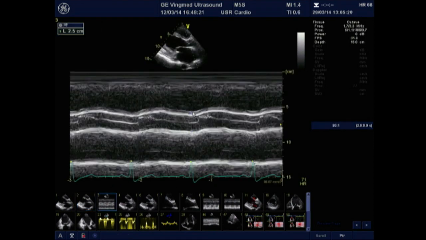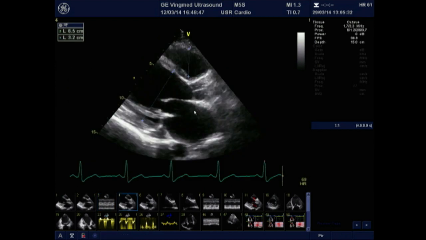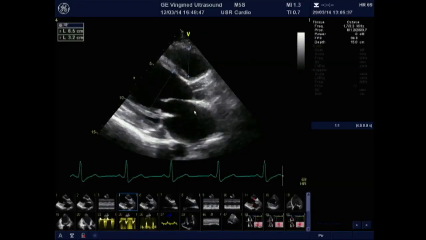And of course, it's part of the examination to assess the diameter of the aortic root with M mode. In still frames, you can confirm that the left ventricle measures in telediastole 65 millimeters, which means it is dilated.